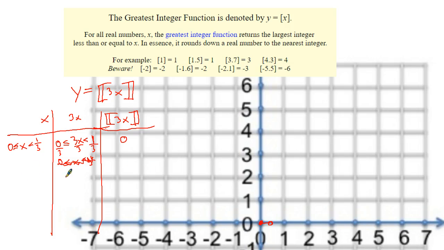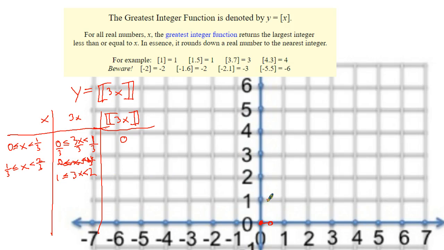And then let's see what happens when 3x is between 1 and 2. So 3x is greater than or equal to 1 and less than 2. Again, we divide both sides by 3, and when we do, we get 1/3 is less than or equal to x is less than 2/3. If I divide this 2 by 3 and this 1 by 3 and this 3x by 3, I get this.